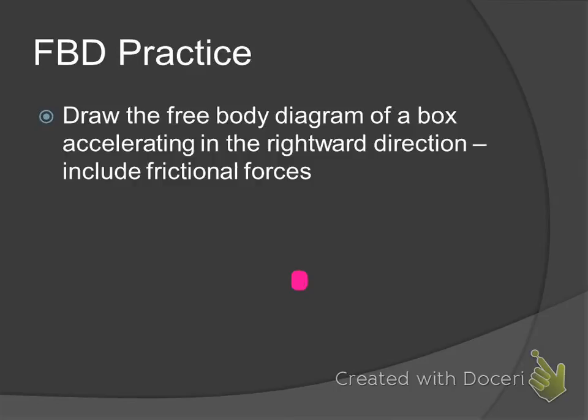So let's talk about what has to be moving the box. If we're accelerating in the rightward direction, what type of force has to be used to get that box moving to the right? A contact force of some kind, right? So I'm just going to write that as F applied. And if it's accelerating in the rightward direction, is the applied force greater than, equal to, or less than the frictional force?